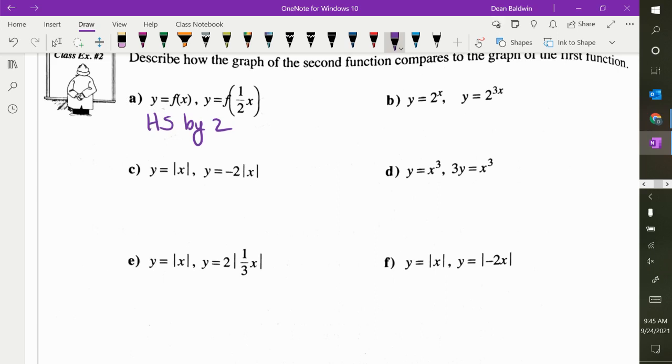B, 2 to the power of x becomes 2 to the power of 3x. So this is a B value, right? Because it's right by the x. That's my B is equal to 3. Therefore, we did a horizontal stretch by 1/3.